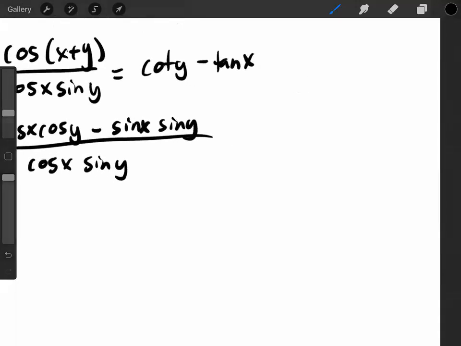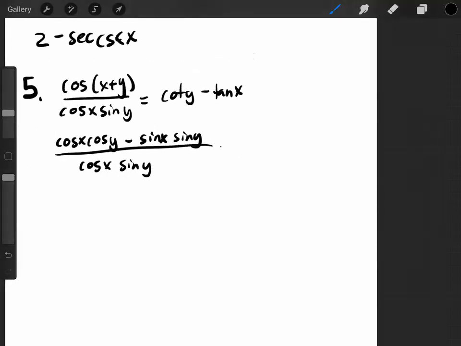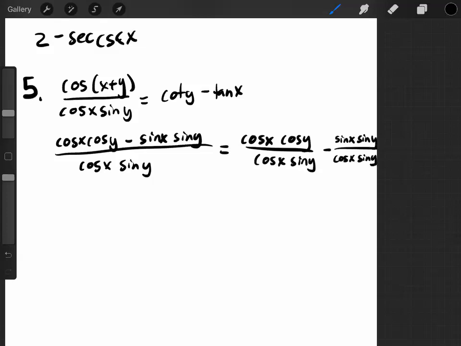Now that we have that, we can split this up. I know this looks like a something else, but it's a sine y, I promise. So let's split this up: cosine x cosine y over cosine x sine y minus sine x sine y over cosine x sine y. And then we can cancel the sine y's and the cosine x.